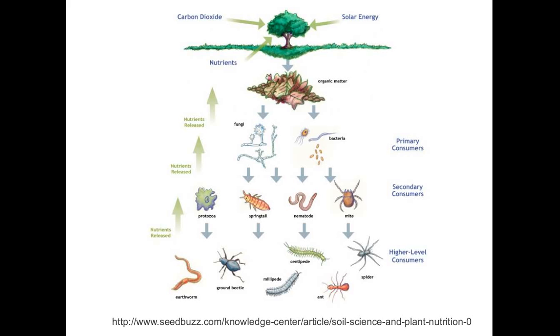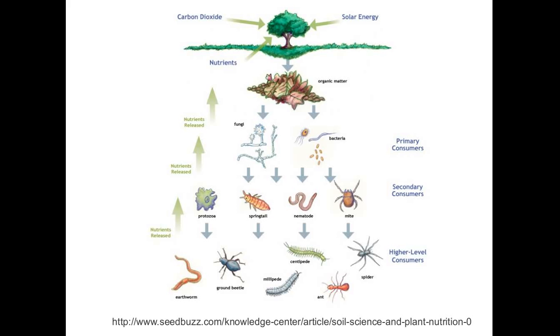And so just like us, when fungi and bacteria eat something, they take some of that and build their own biomass, and it's used for their own functioning, but they also excrete some of those nutrients in the form of nutrients that other organisms can use.